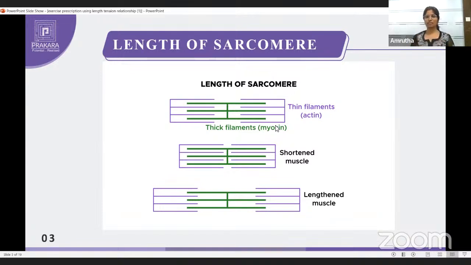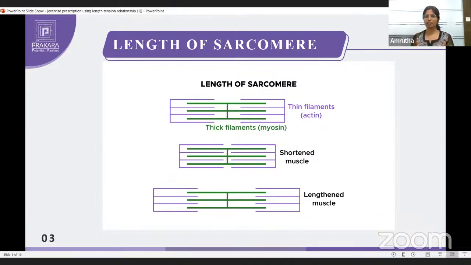So I am sitting now. Let's say my trapezius is holding my head. There is no movement in the head. My trapezius is just doing the stabilization activity here. So all the myofibrils in my upper trapezius are now considered to be in the resting phase.